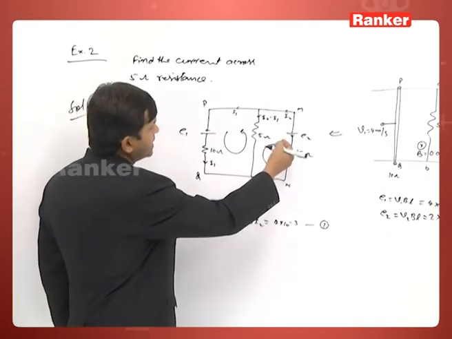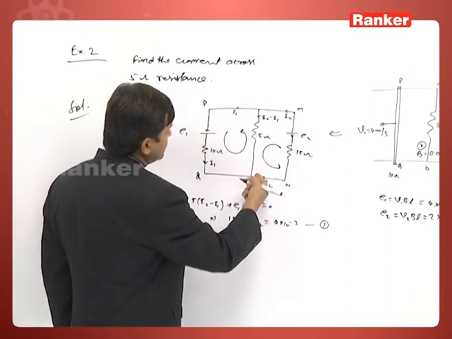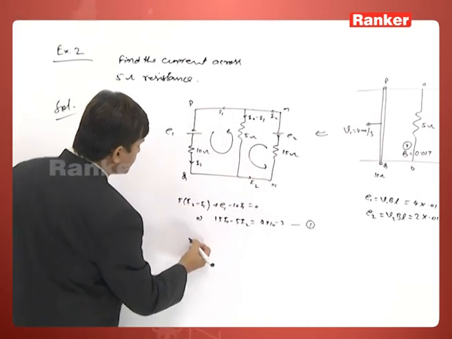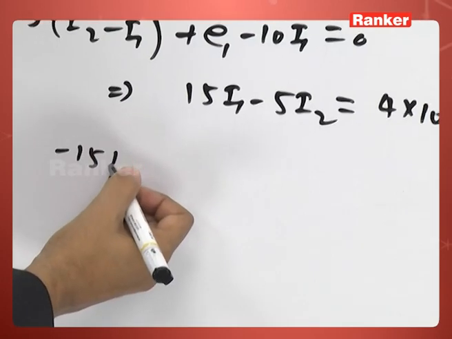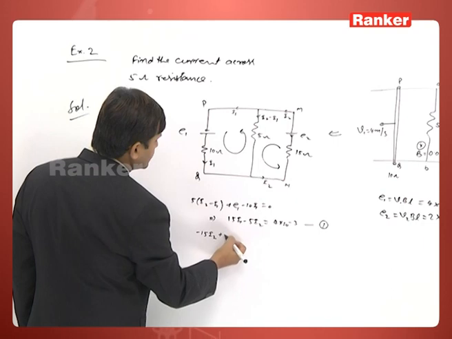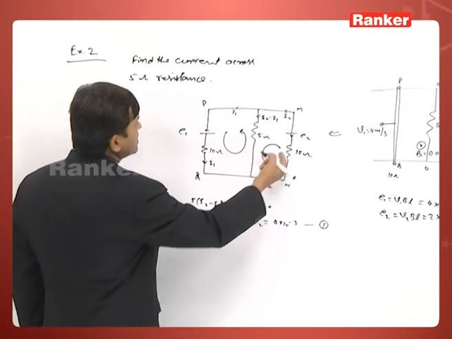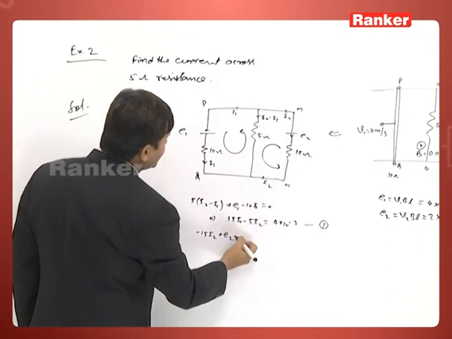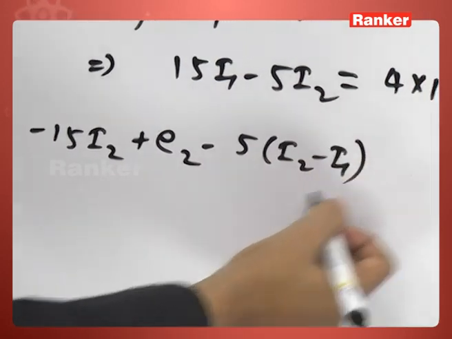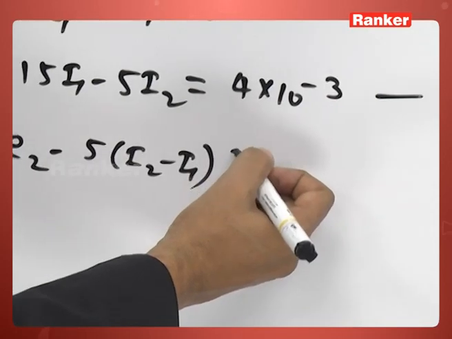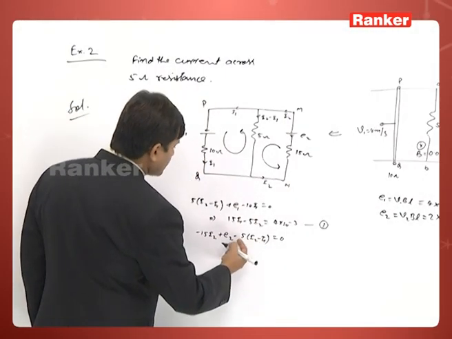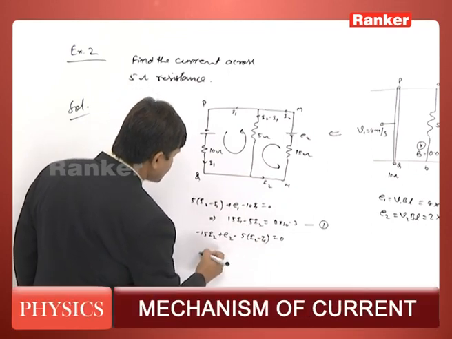Similarly, we can apply Kirchhoff's law here. We are moving from this side. So minus 15 I2 plus E2, then here minus 5 times (I2 minus I1), and this is equal to 0. So we can substitute the values and bring terms to that side.